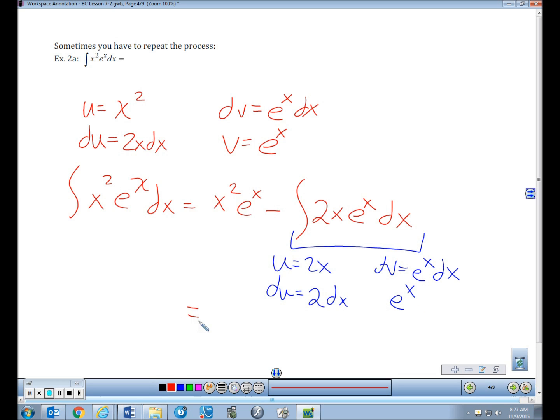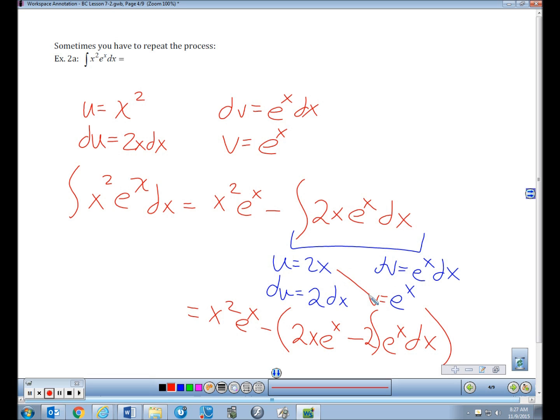So this changes to x squared e to the x minus u times v, and I forgot my v here, 2x e to the x, minus the integral of 2 e to the x dx. And I'm going to put the 2 out front just to make it a little bit nicer to look at.